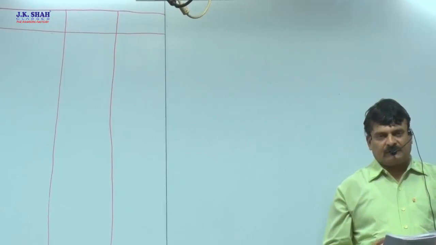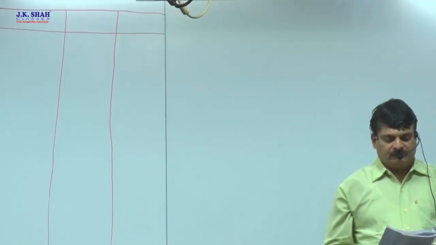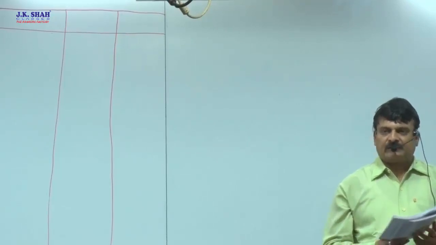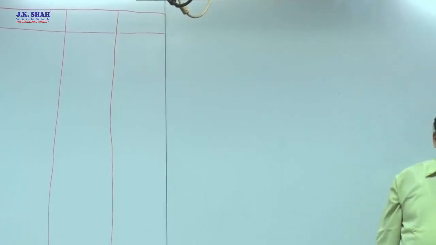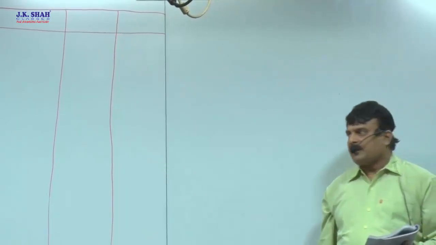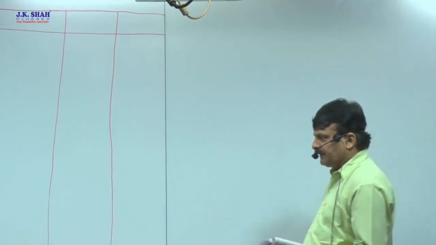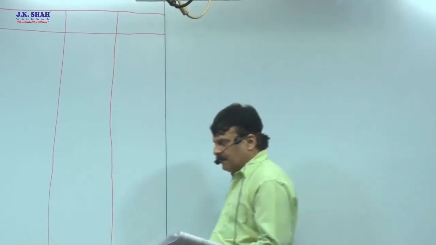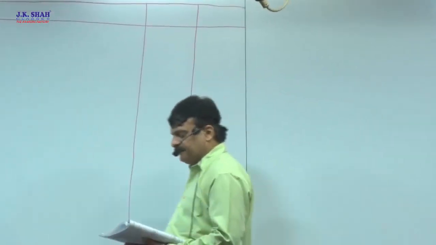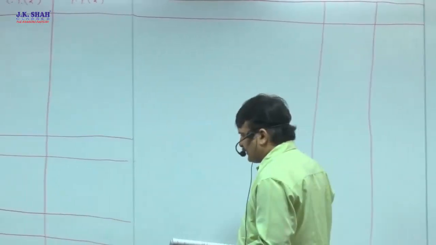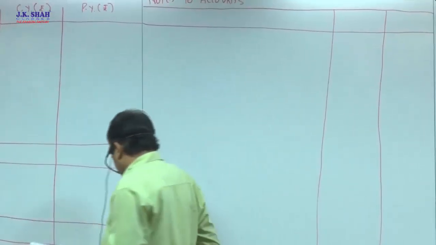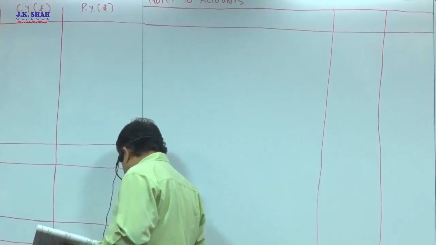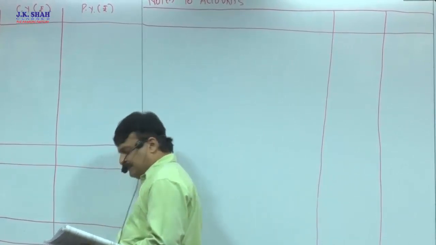On 31st March 13, Boss and Son Limited provides to you the following ledger balances. After preparing P&L account, underline the word after preparing its P&L account.